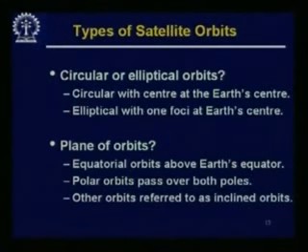This is quite common, especially for geostationary satellites; it is necessary that they go around the equator. But you could also put satellites on a circumpolar orbit, that means the polar orbits pass over both the poles, and other orbits are referred to as inclined orbits.